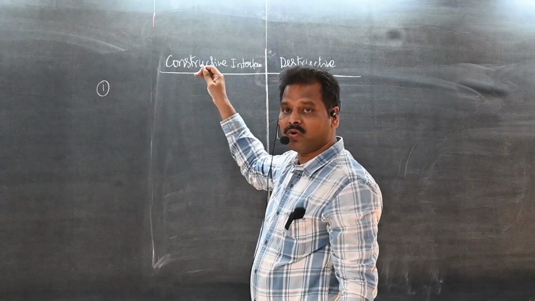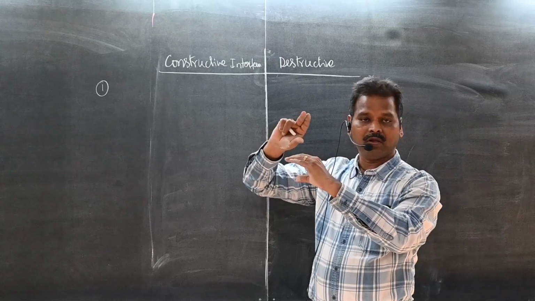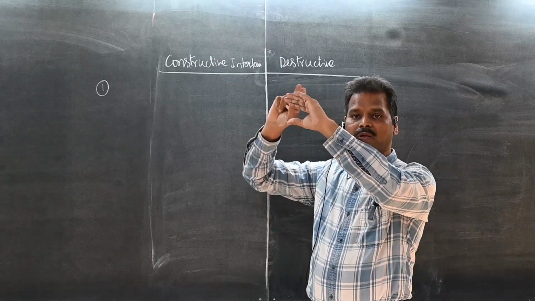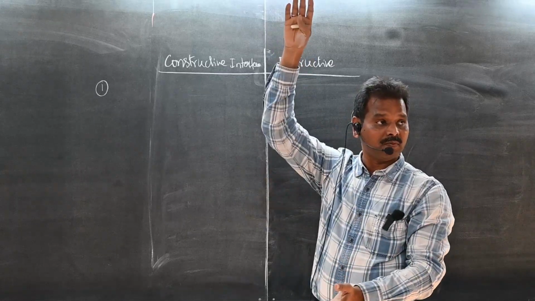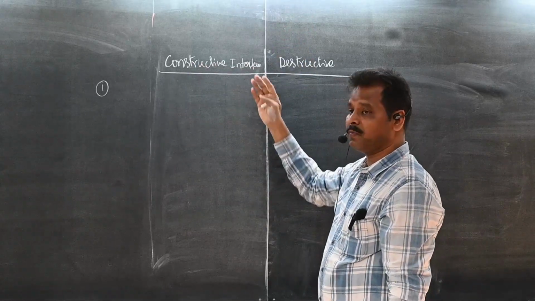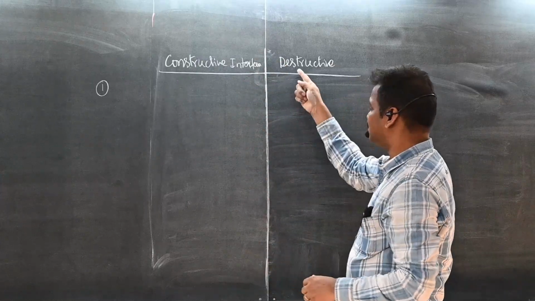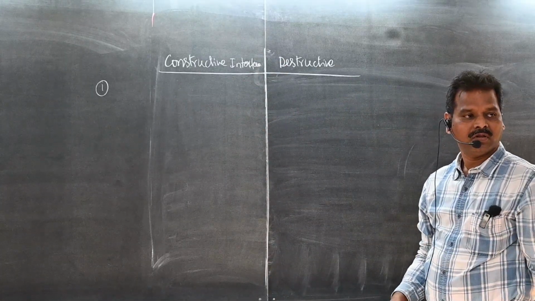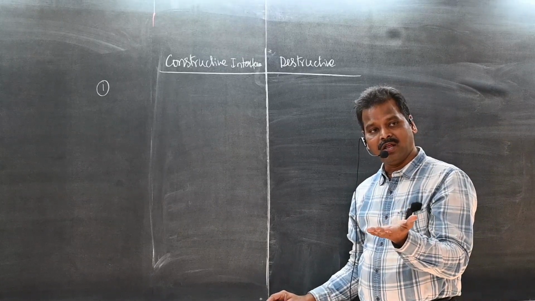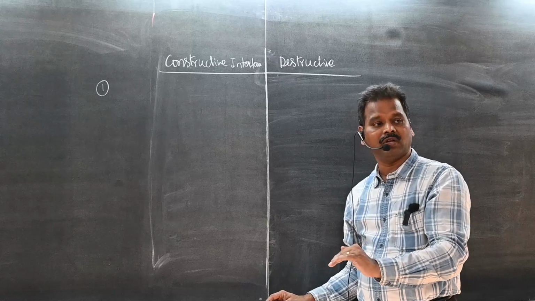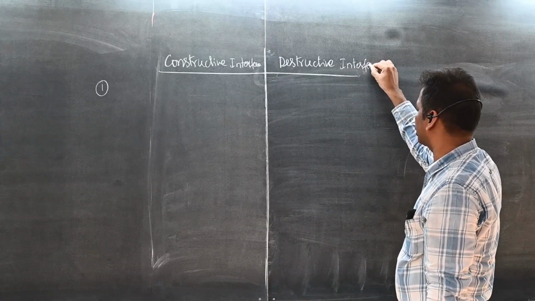What is construction? Keeping one brick and then cement, one more brick, cement, one more brick. We are increasing the height of the wall. Here also constructive interference means we are increasing intensity. Destruction, smash, we are decreasing intensity. So in interference, intensity increases at some places and decreases at others.